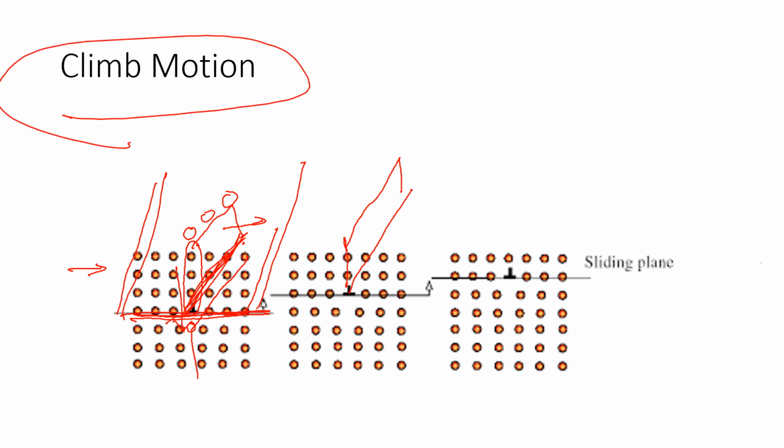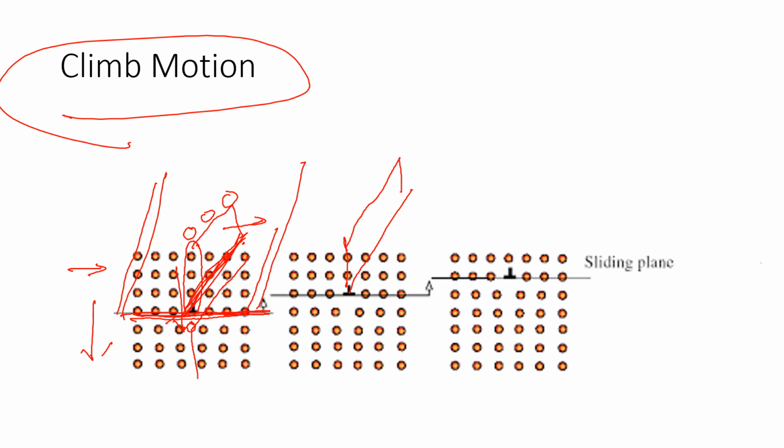The previous one was glide motion. You can introduce a climb motion either by adding rows, which makes the plane move down, or by subtracting rows, which makes the plane move up. Climb motion is non-conservative because there is an addition or removal of an atomic layer.